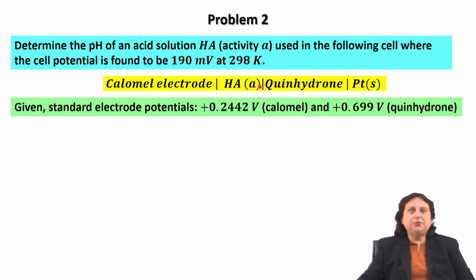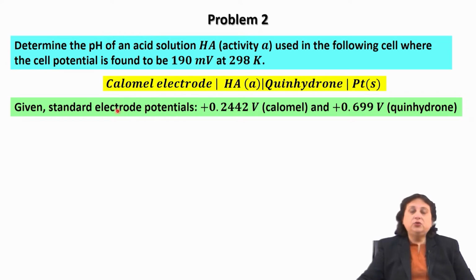So, now our task is to find out the pH of the acid solution. Let me assume that the acid solution is dilute enough, so that later on, as I will make an approximation, its activity will be replaced by its concentration. As you understand, this is not necessarily required, but I will come back to this point later. So, first let us try and see if I need any other data to solve this problem.